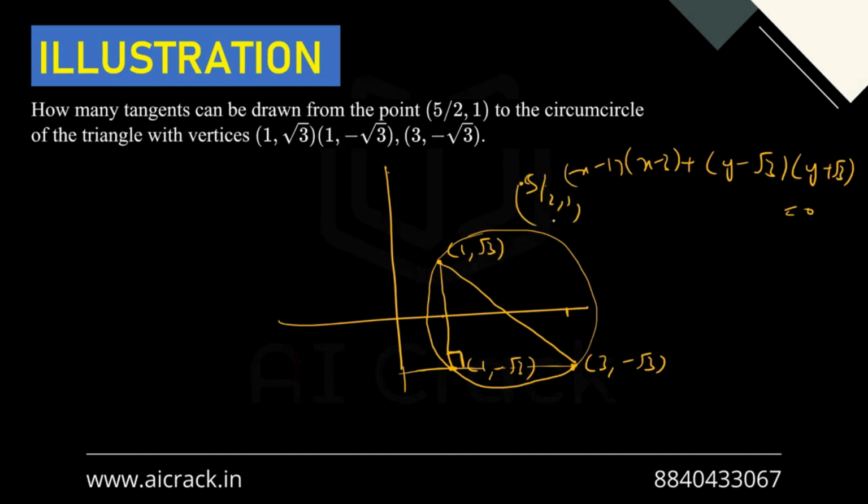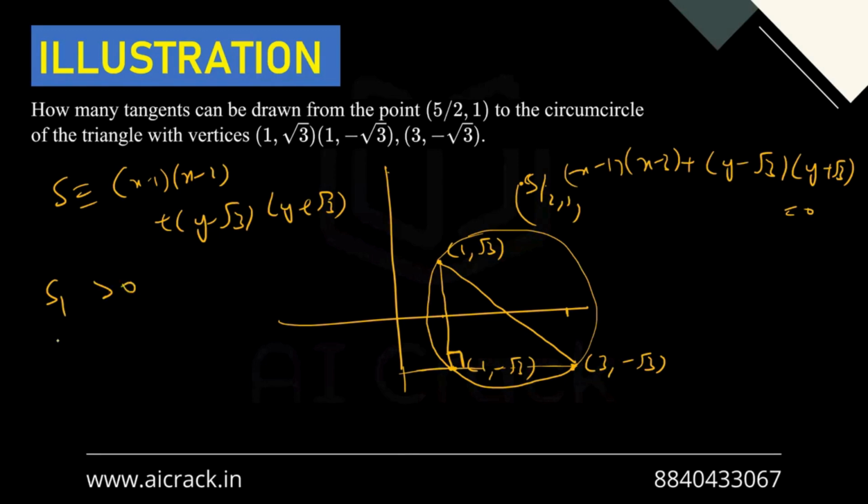We don't really know if this point is external to the circle or internal to the circle. How can we do that? We'll write S notation over here. Since we don't have any constant, S would be x minus 1, x minus 3, plus y minus root 3, y plus root 3. Now we have to write the S1 notation and check if it is greater than 0, equals to 0, or less than 0.